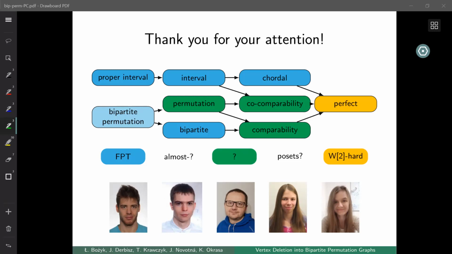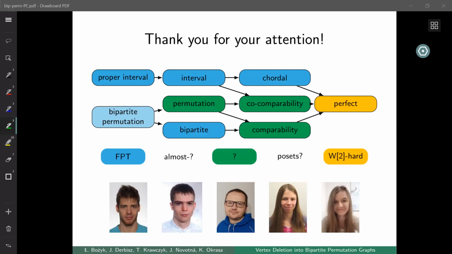Thanks for this. I must say I'm not sure, but this sounds like something that would fit in this picture, somewhere between the arrows. I think first of all, there is no clear connection between this inclusion or relation between classes and the answer, because we don't have any simple implication, like if this is FPT, then this one is as well.